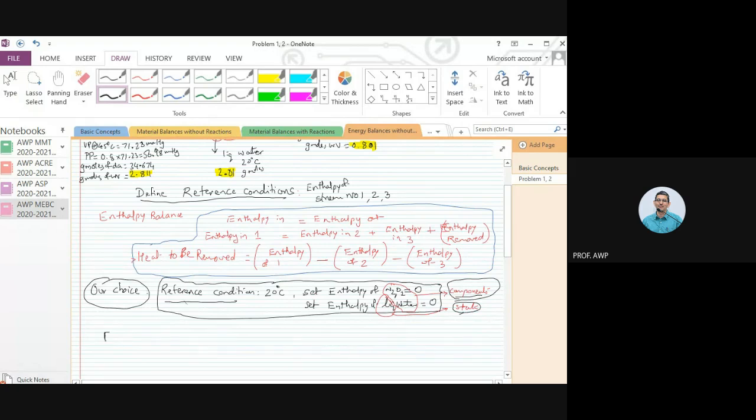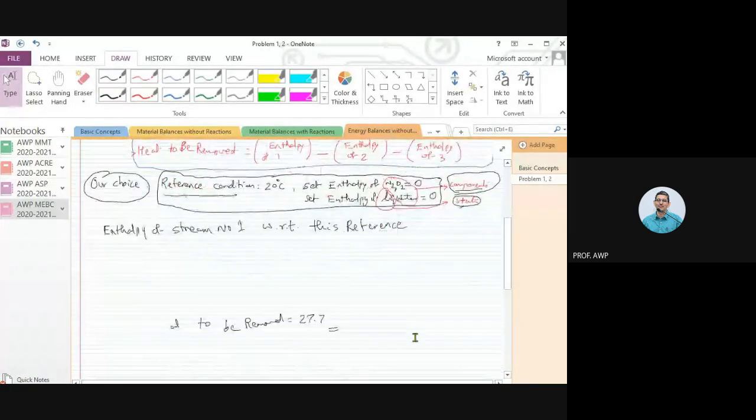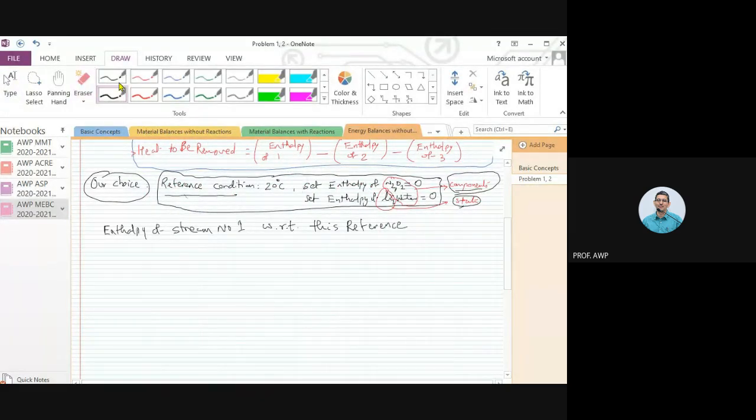So let's work out what is the enthalpy of stream number 1 with respect to this reference. So again, if I write the enthalpy versus temperature graph, so now temperature is 20 degrees centigrade or 45 degrees centigrade.